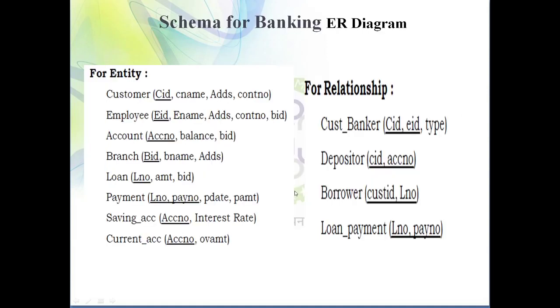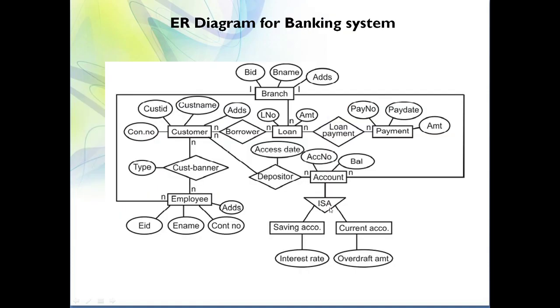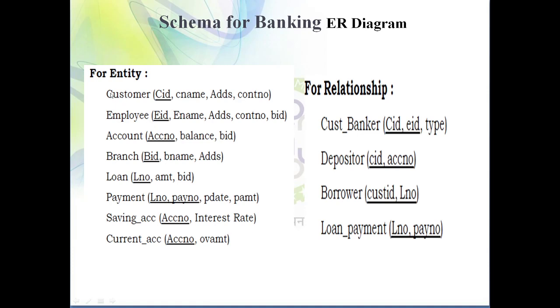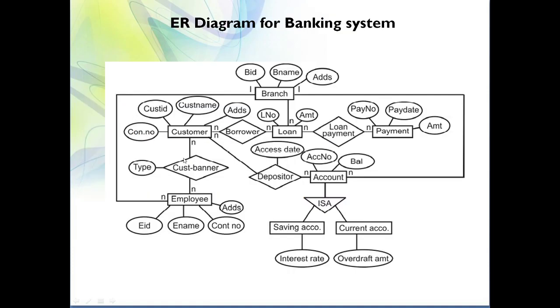See, these are the schemas. That means that many tables we are going to create for entities, and that many tables for relationships. Have you observed is-a? No. That's why I'm telling you, try to avoid the is-a kind of relationship. Try to use an alternate way to avoid this is-a. So here, first of all, the customer table will be there.